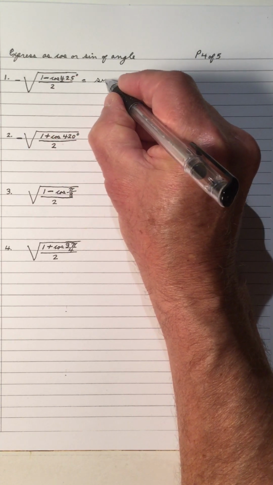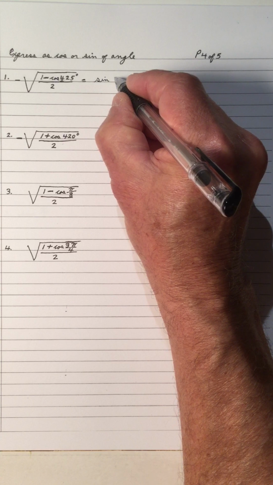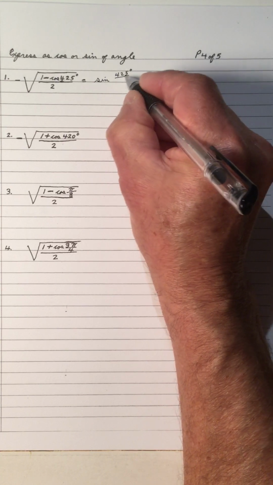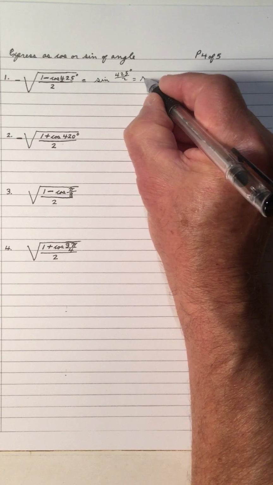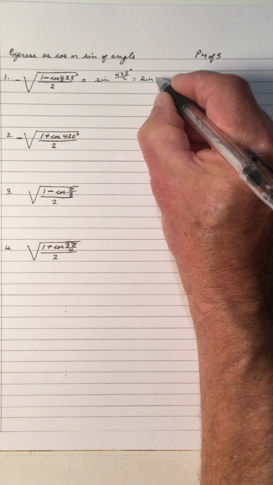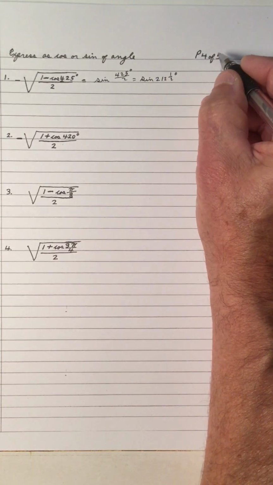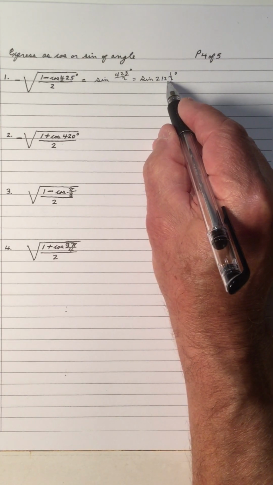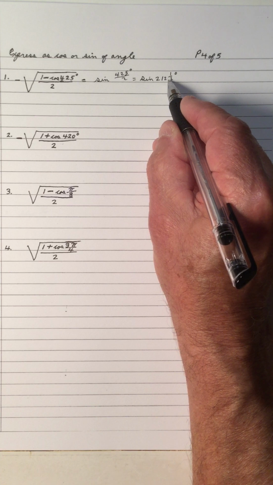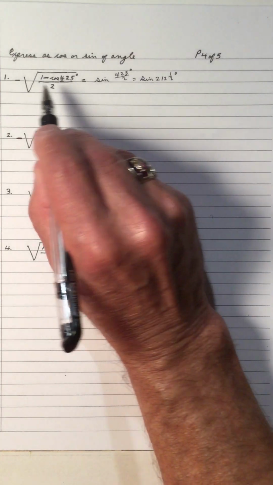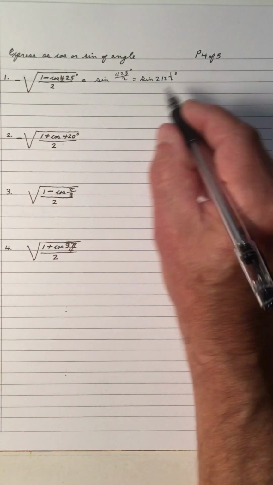The sine of the angle is 425 divided by 2. So that's the sine of 212 and 1/2 degrees. And 212.5 is in quadrant 3, and in quadrant 3 we have a negative.